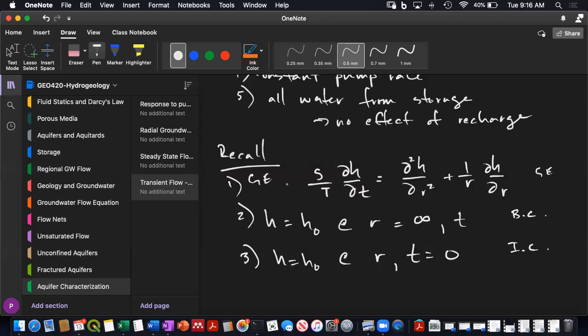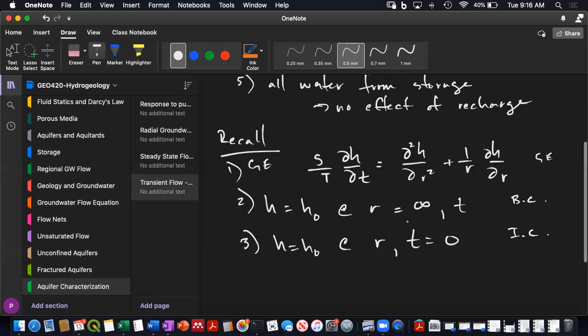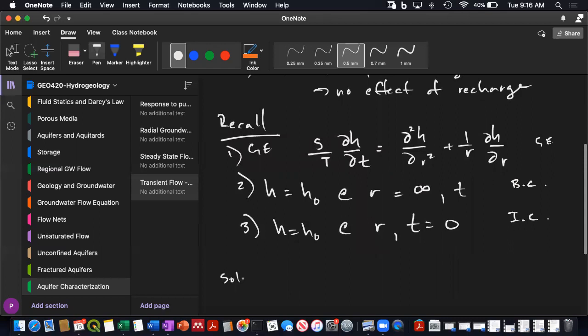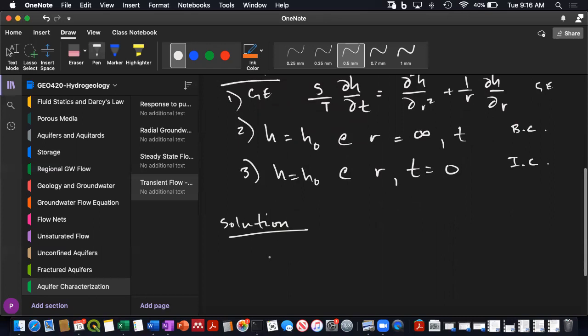All right, so the solution to this governing equation, subject to these initial and boundary conditions, gets named after the white dude who developed it, Theis equation. And most importantly, it's a solution to this governing equation.